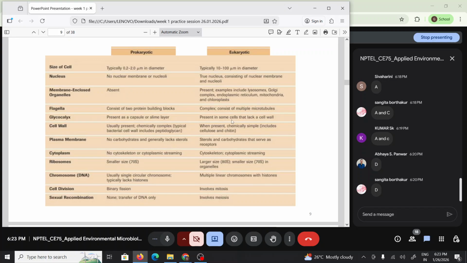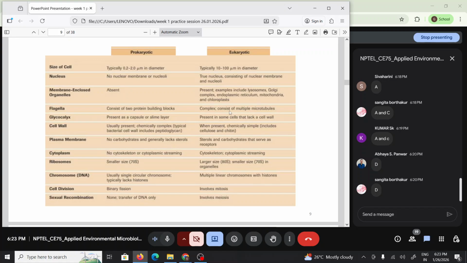There is no cytoskeleton in the prokaryotes, and the ribosomes are going to be 70S ribosomes. And we have a single circular chromosome without histones in the prokaryotes, whereas we have multiple linear chromosomes with histones present in the eukaryotes.